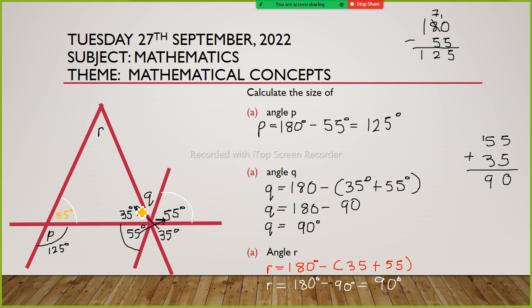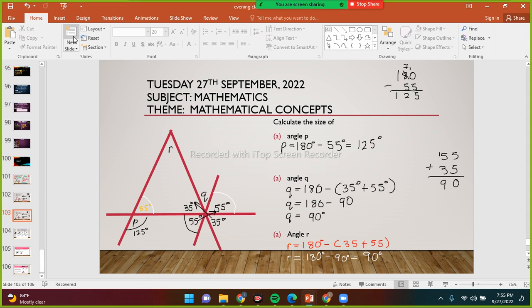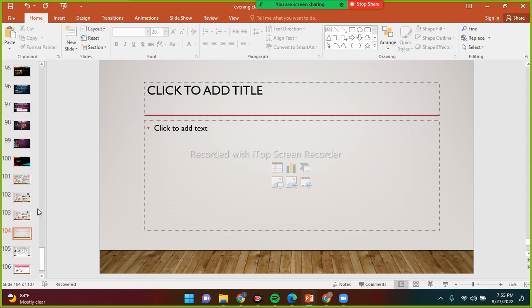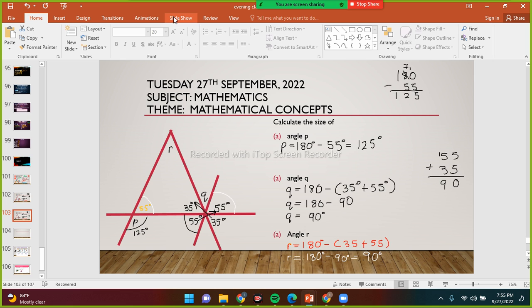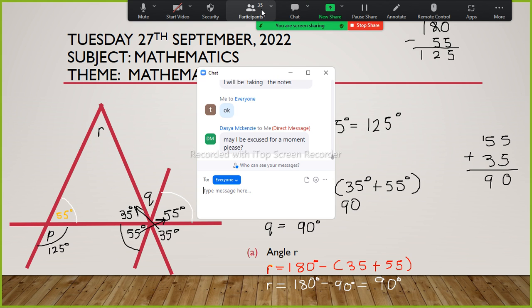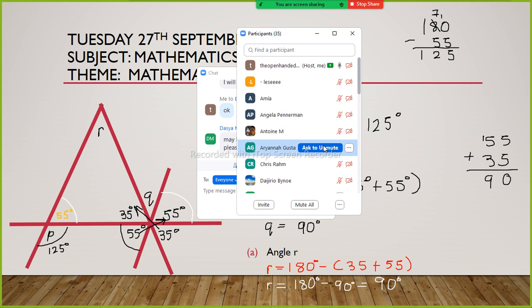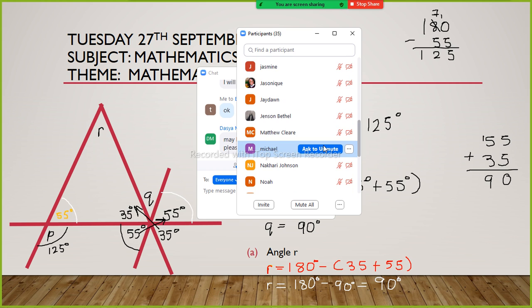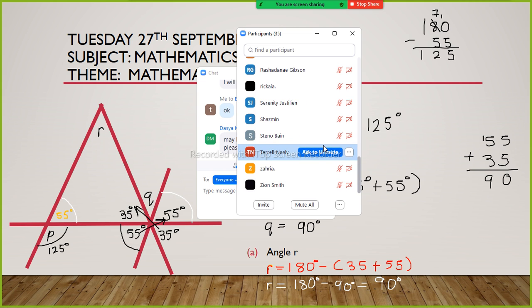Okay, so let's do the exercises now. So let's do it. Don't move it yet. Okay, sure enough. No problem. All right, Nakari, any questions for me? No, sir. How about you, Jadon?